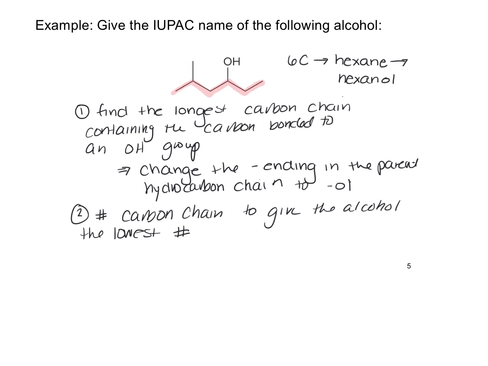After we do this, we'll follow all the other rules of nomenclature. So let's number to give the alcohol the lowest number, 1, 2, 3, 4, 5. We don't have to count anymore. If we count from this direction, it's 1, 2, 3, and 3 is lower than 4. So where do we put the number indicating the alcohol? Well, it's going to go in between the hexane and the OL.